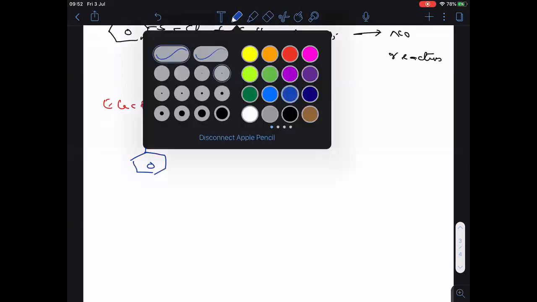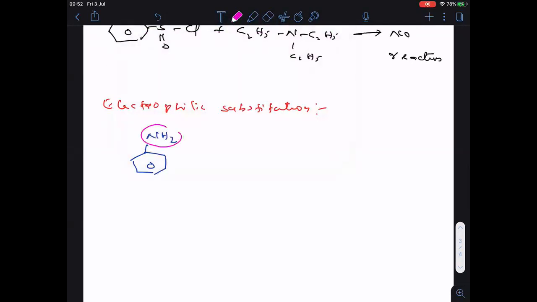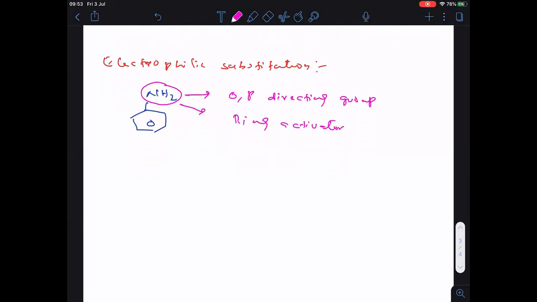Okay. So remember everyone, in aniline this NH2 group is there, na? The NH2 group is the ortho-para directing group. Next, it is the ring activator. Remember, all ortho-para directing groups are ring activators; that is in general true. Clear everyone? It is an ortho-para directing group and ring activator.